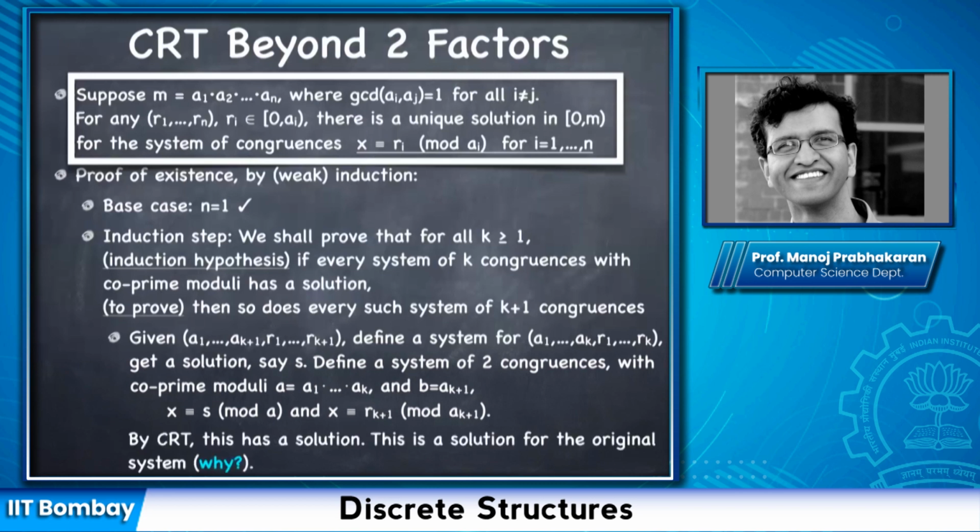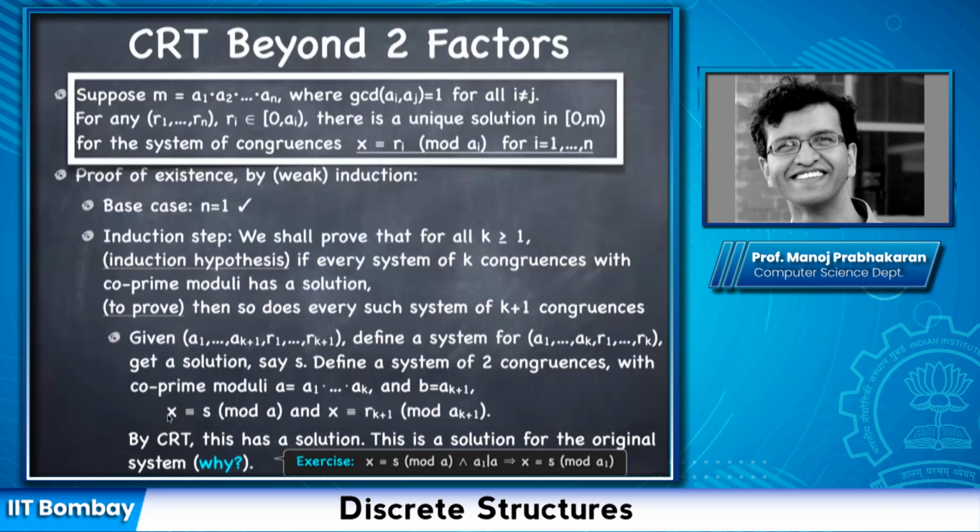So take that solution. I'm claiming that this X that I just now obtained, which satisfies these two congruences, is actually a solution for the original system involving K plus 1 congruences, okay? And I will leave it to you as an exercise to prove that. But it's not very hard. And the basic observation is that, look, you got a solution here that satisfies these two congruences.